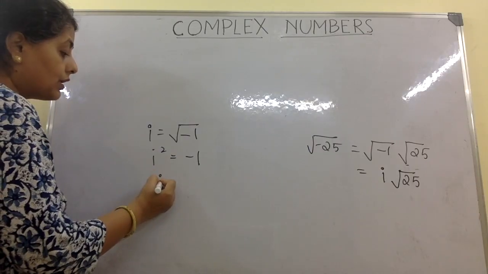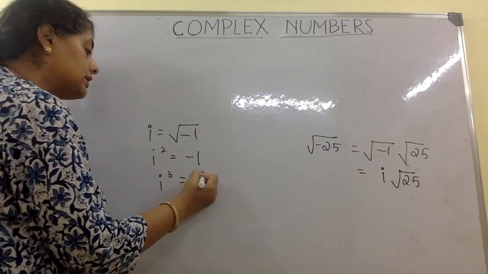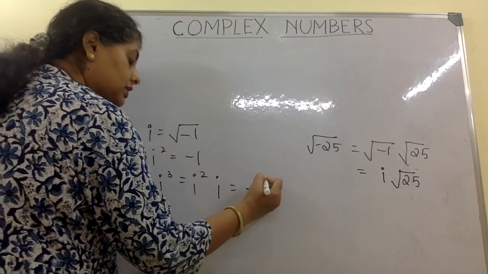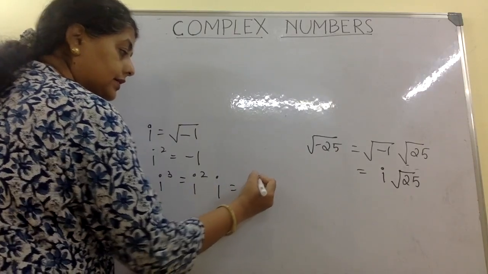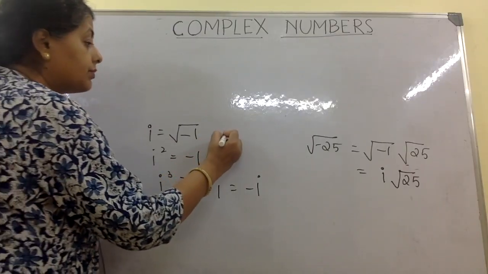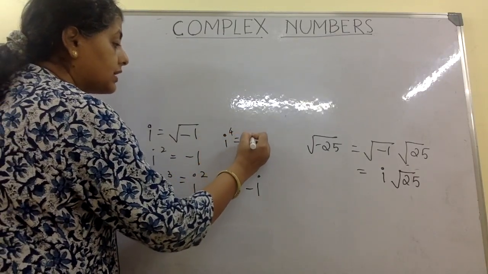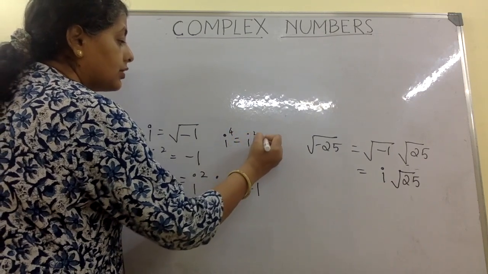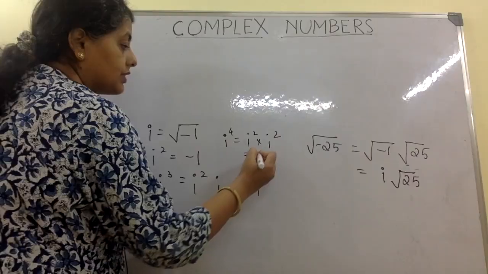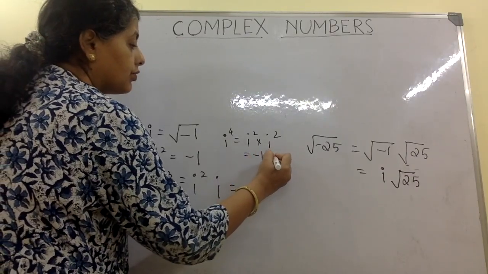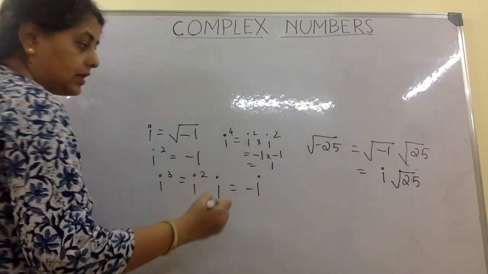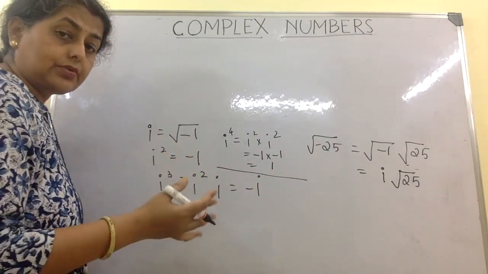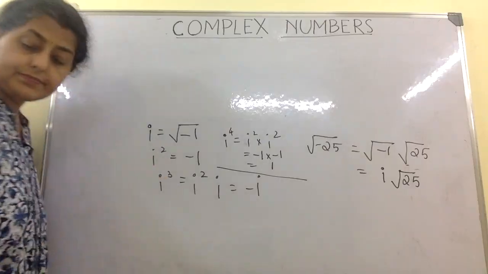If I want i cube, then it is i square into i, which is minus 1 into i, that is minus i. i to the power 4 is i square into i square, which is minus 1 into minus 1, which is 1. So like this you will have to keep finding the values. Let's do a few sums.